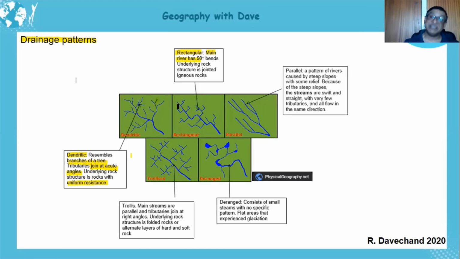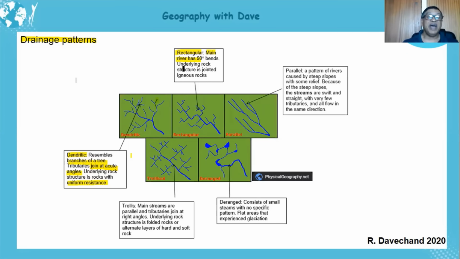The main river has 90-degree angles rather. Can you see the main river? There's 90-degree. Main river, 90-degree. Main river, 90-degree. But that's the main characteristic. You may find the tributaries also have 90-degree angles, but the main river has the 90-degree angles. All right? For the tributaries and the main river, why does it have 90-degree angles?